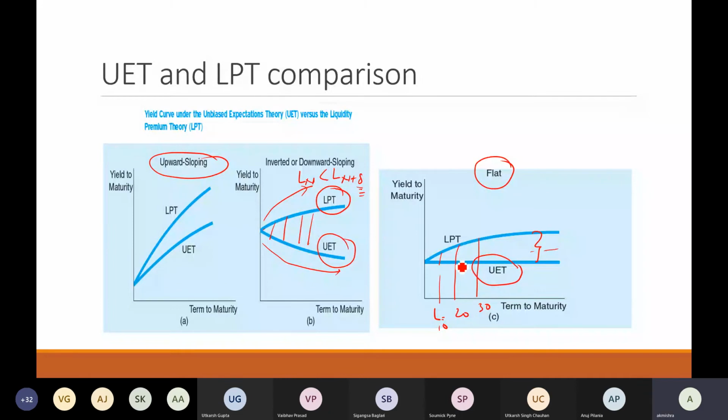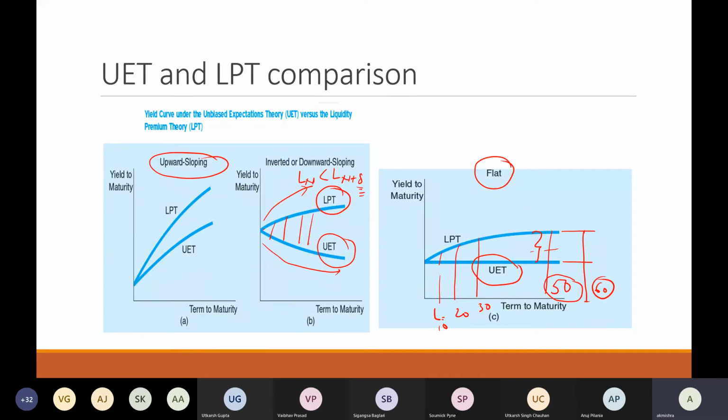And one argument could be, if after 50 years, why are we assuming this kind of almost parallel relationship between these two? Because think about a scenario where you buy a 50-year bond versus a 60-year bond, you are going to be indifferent, because 50-year and 60-year seem more or less very long time periods, especially when we consider your investment horizon.